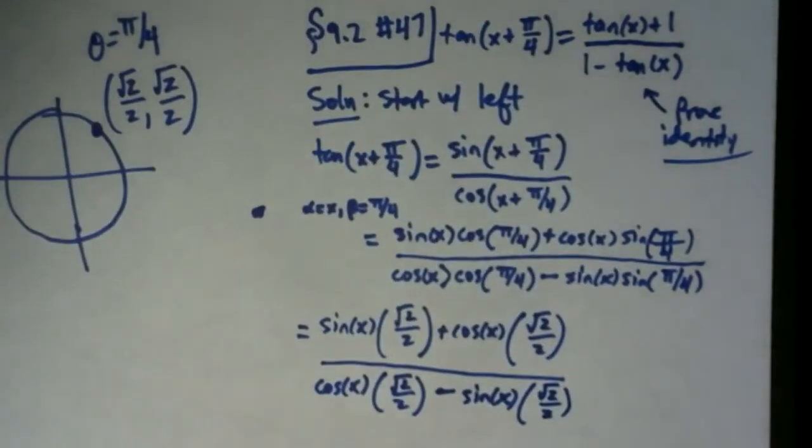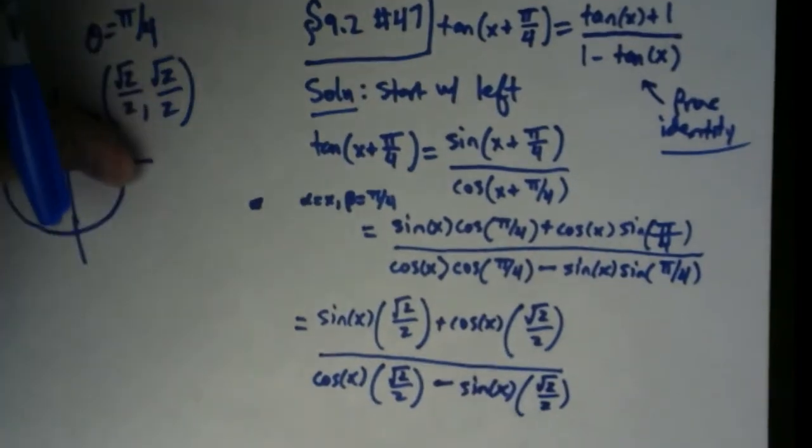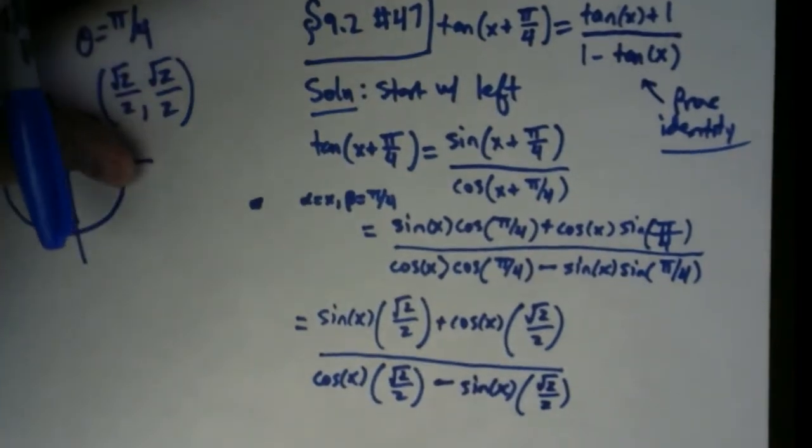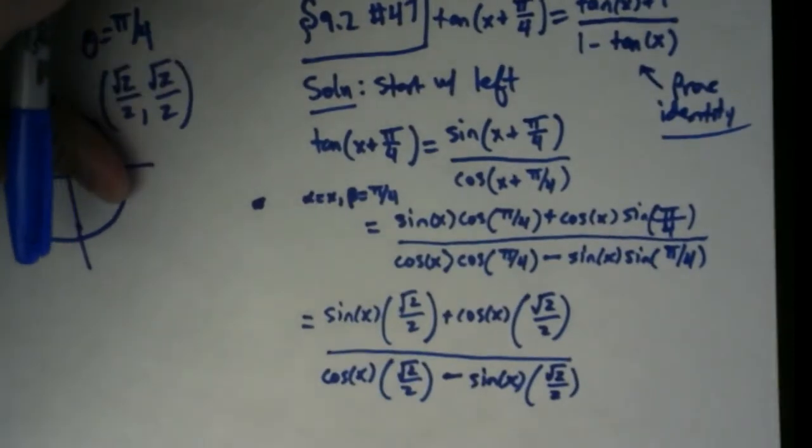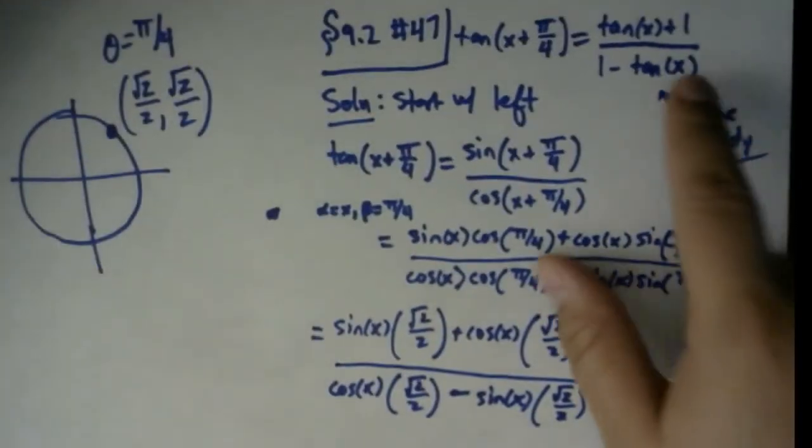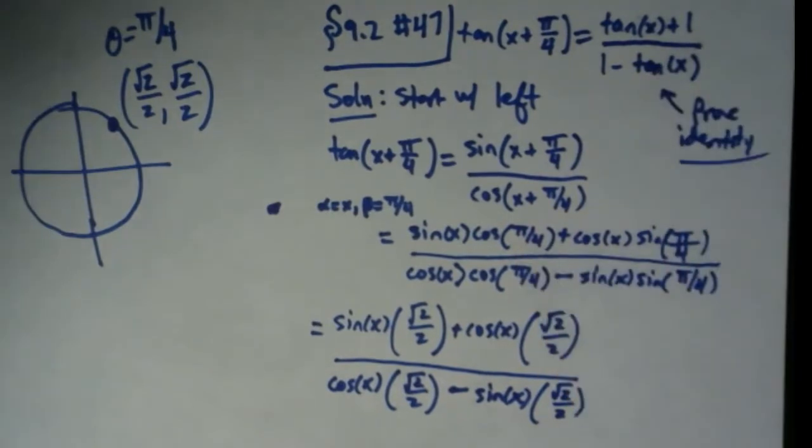As far as I'm concerned, that's a perfectly good final answer. You could clean it up a little bit, but I think that's good enough. So that's number 47. Oh wait, no, it's not good enough. We have a goal here. We have an identity we're trying to prove. My apologies. So what do we do now?